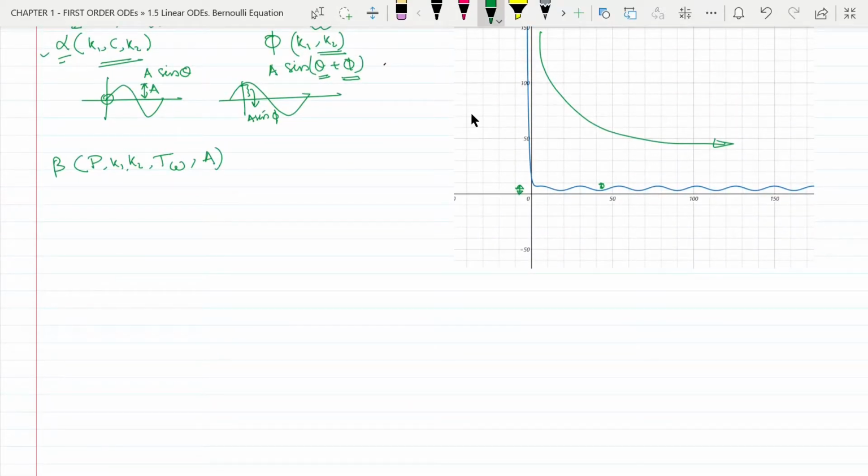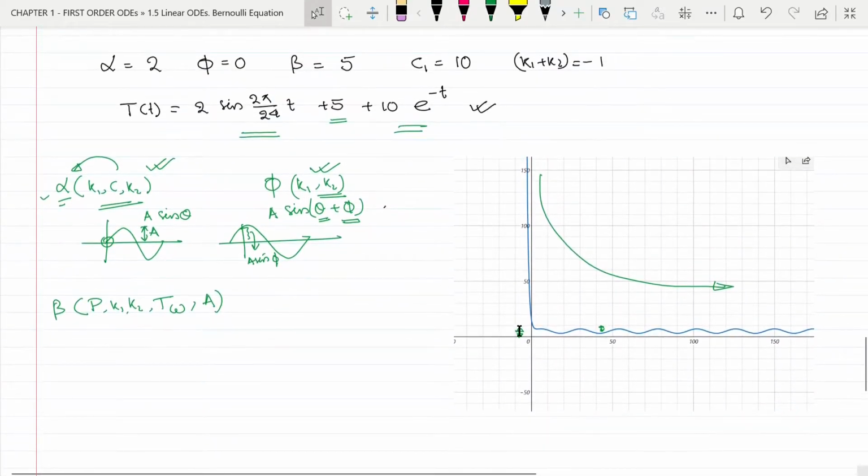So beta is the offset term which shifts the graph upwards in the y-axis or downwards depending on the sign of beta. And beta is controlled by p, k1, k2, t omega and a. So all these terms p, k1, k2, t omega and a contribute to the offset of the graph on the y-axis. So we can see that k1, k2 also contributes to the offset of the graph on the y-axis.